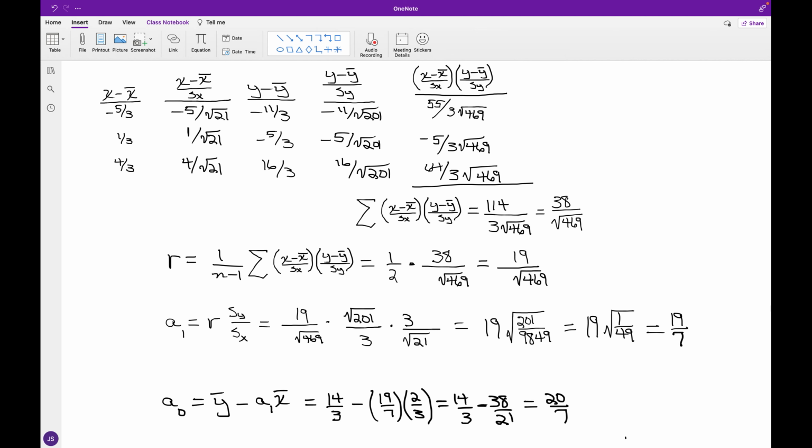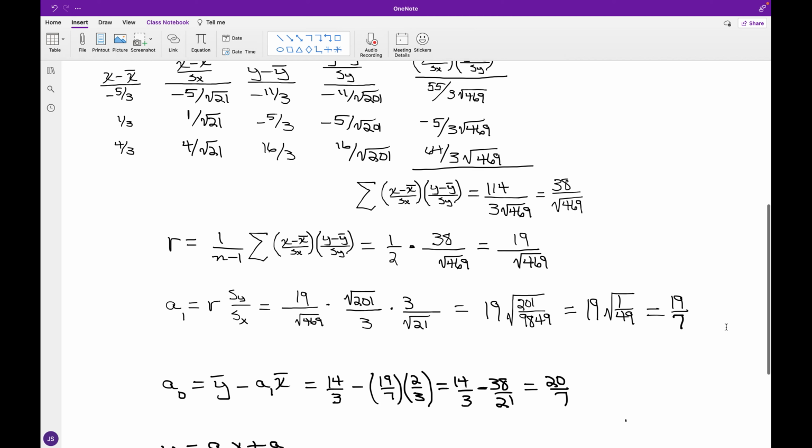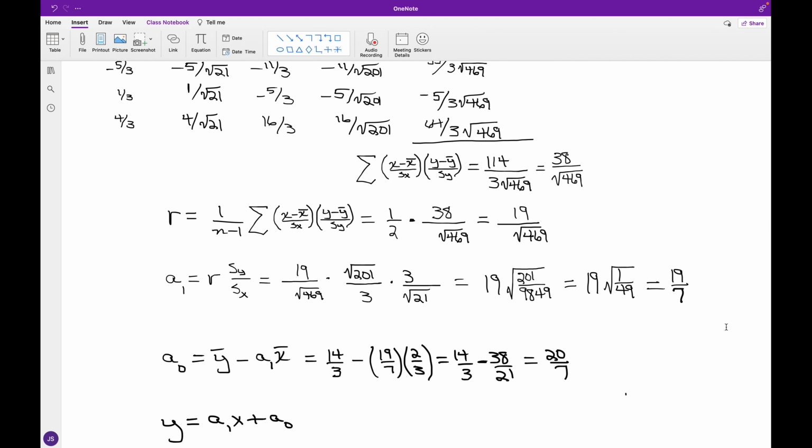And for a naught, in the statistical development, we're looking at the mean value of y minus the value of a of 1 times the mean in x. And so we have 14 thirds minus 19 sevenths times 2 thirds.